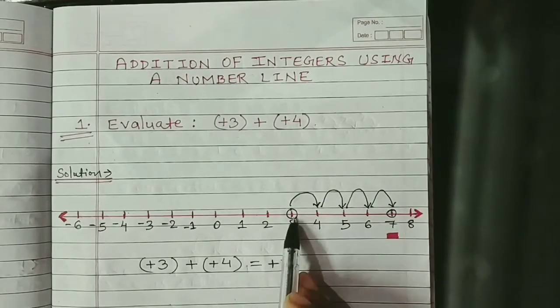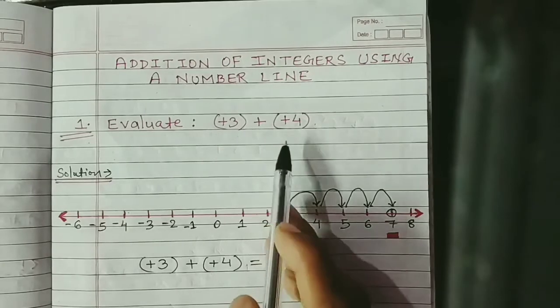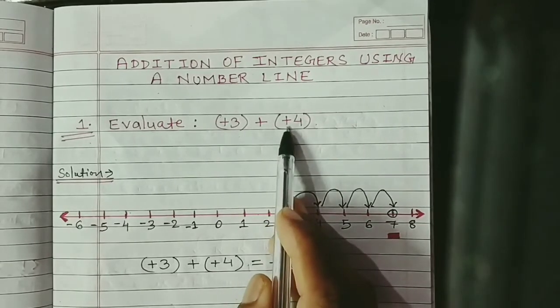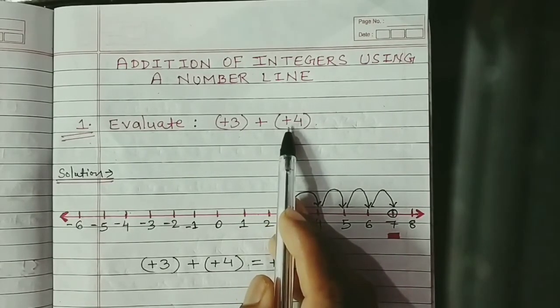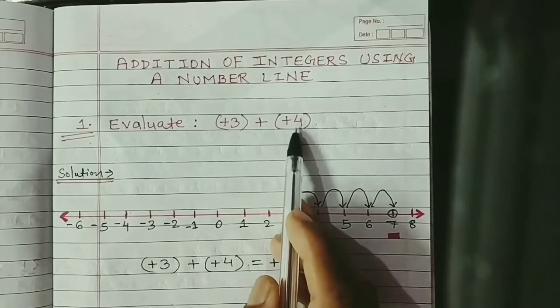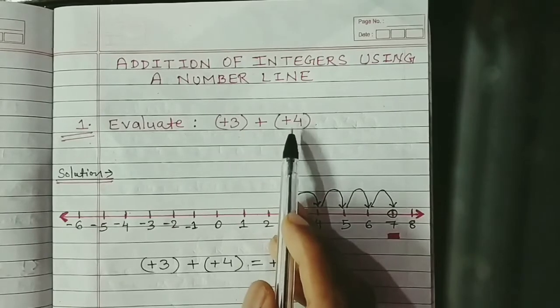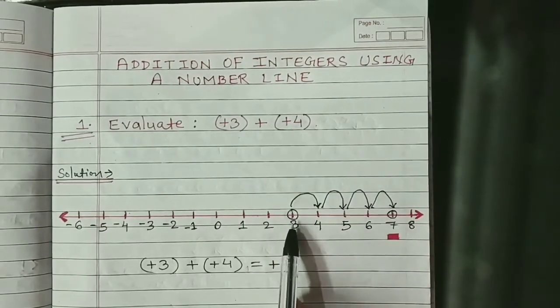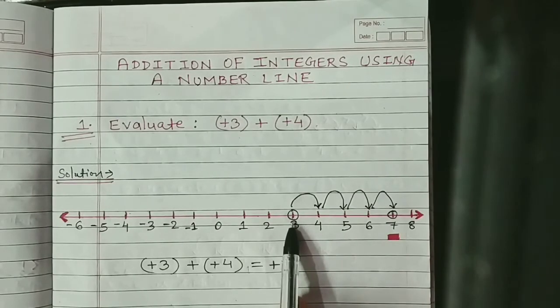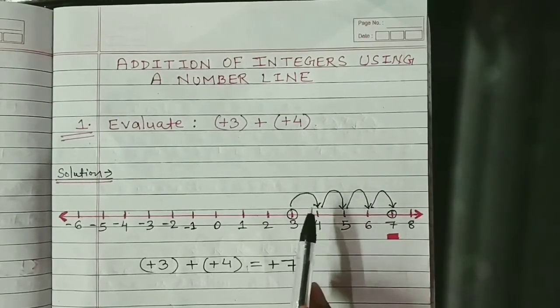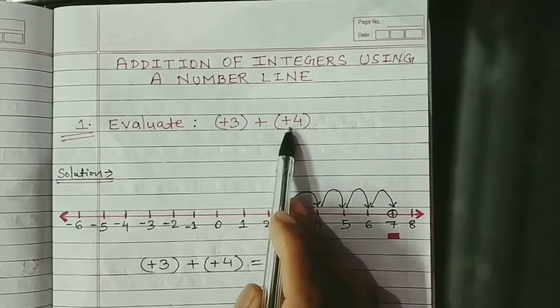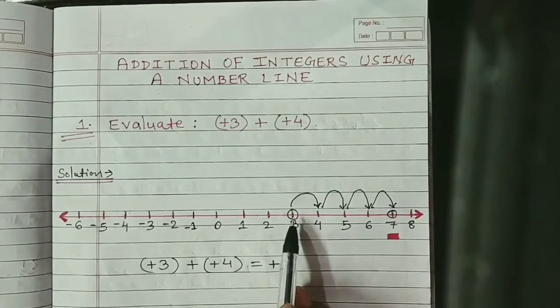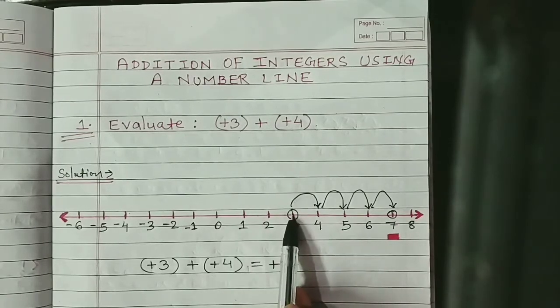Now after that we have to see the second integer, and here the second integer is plus 4 and it is a positive integer. So if the second integer is positive, then we have to move right side from this place. And if the second integer is negative, then we have to move left side from this place.